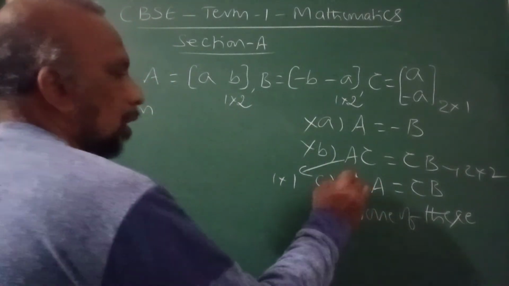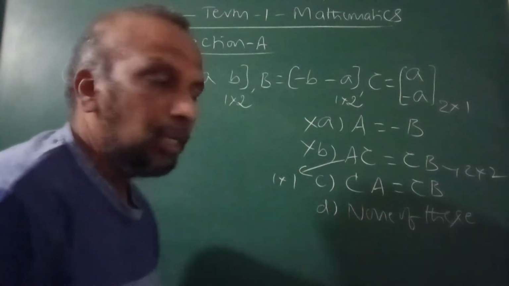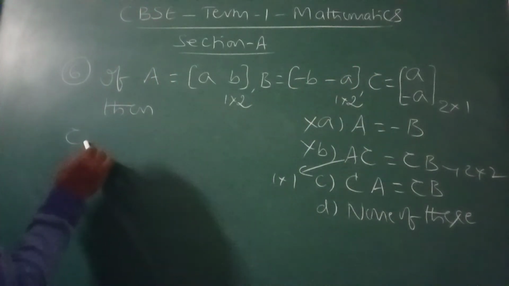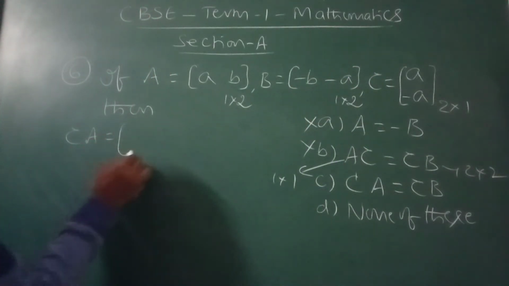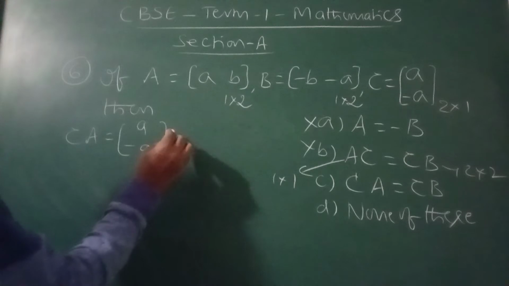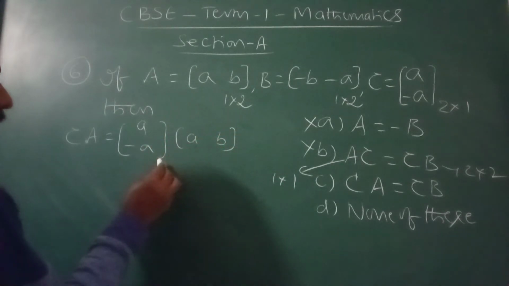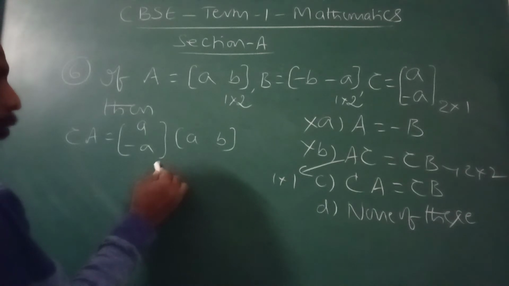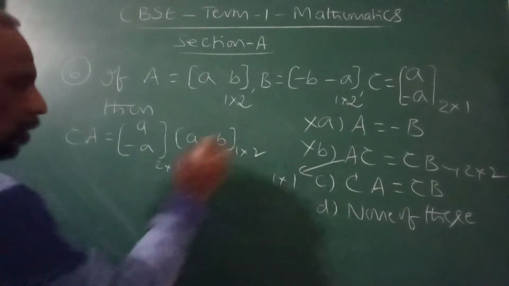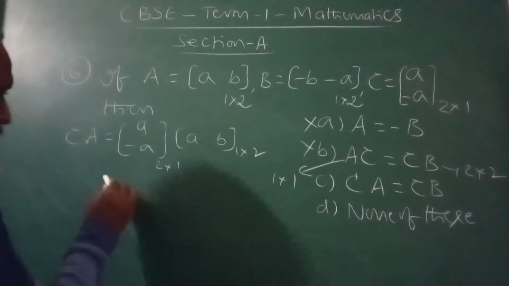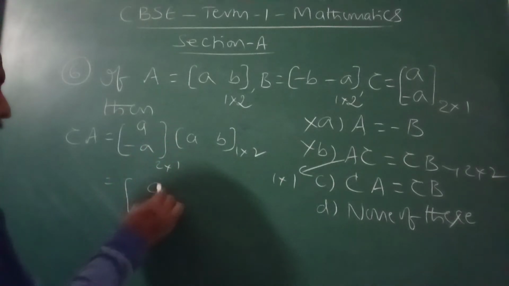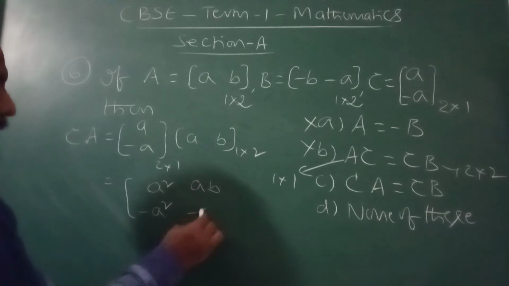Now the answer is either option C or option D. Check CA. If we take CA, with C as A minus A and B as A, this is AB matrix. We know that this is order 2 by 1 and this is 1 by 2, so it gives 2 by 2. You get A square, AB, and minus A square, minus AB.